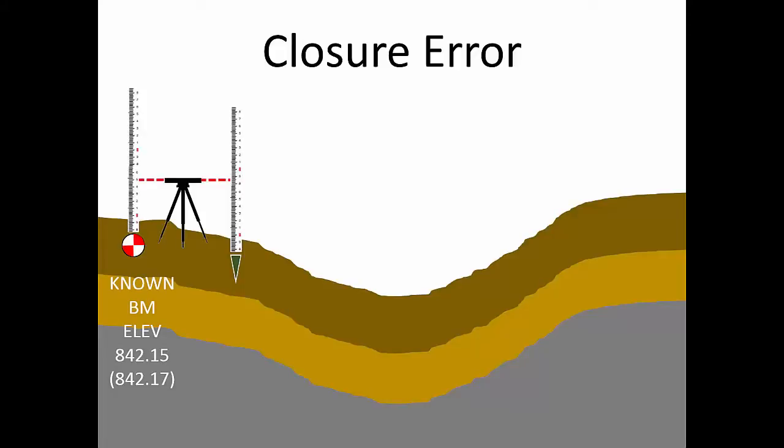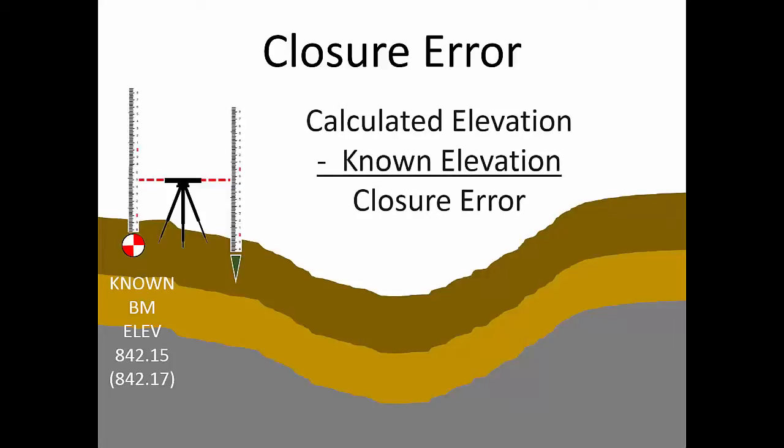Now, to compute closure error, we're going to subtract the known elevation from the calculated elevation at the benchmark where the level circuit ends, where you can see over here on the left. Starting with the forward run and returning to the known benchmark on the reverse run, we calculated the ending elevation to be 842.15 feet.